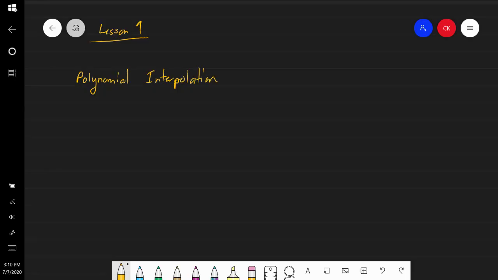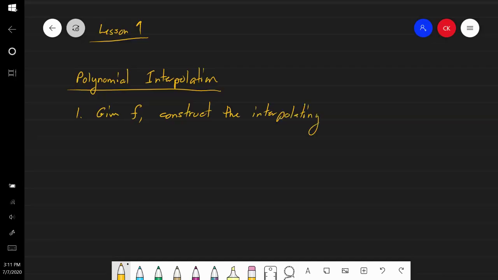And what we're supposed to do with this is, one, if we're given some function f, construct what's called the interpolating polynomial. Two, once we have that interpolating polynomial, we can either integrate or differentiate it.